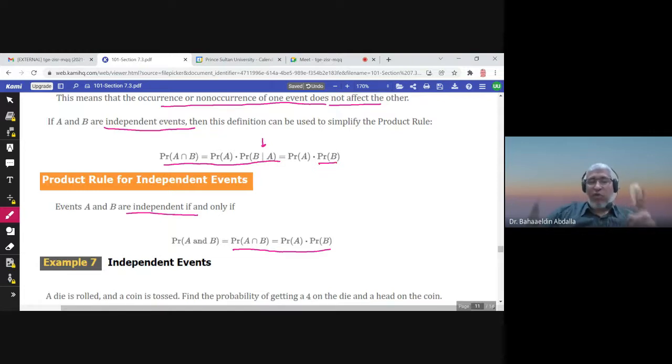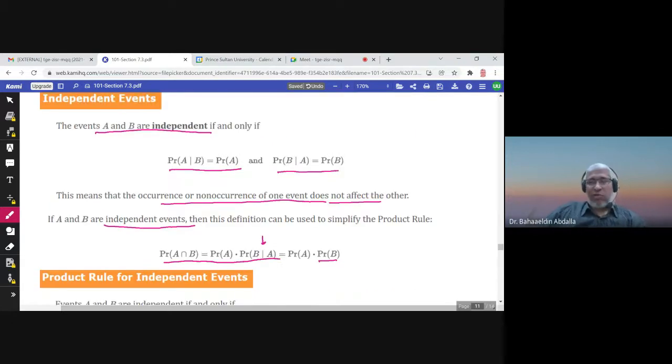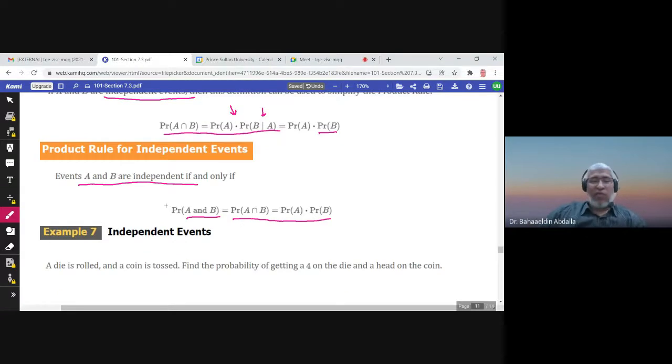So if you know that A and B are independent, you use this formula. If you do not know whether they are independent or not, you use this formula, the original formula. So this is used only if you know that the two events are independent.